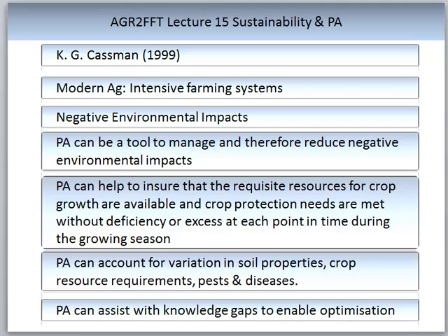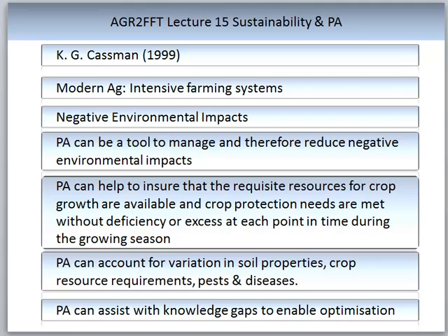It has been cited that the reason the increases are not as prevalent as they once were is because of intensive farming system technologies. It has been noted in this paper that intensive farming systems have resulted in negative environmental impacts.